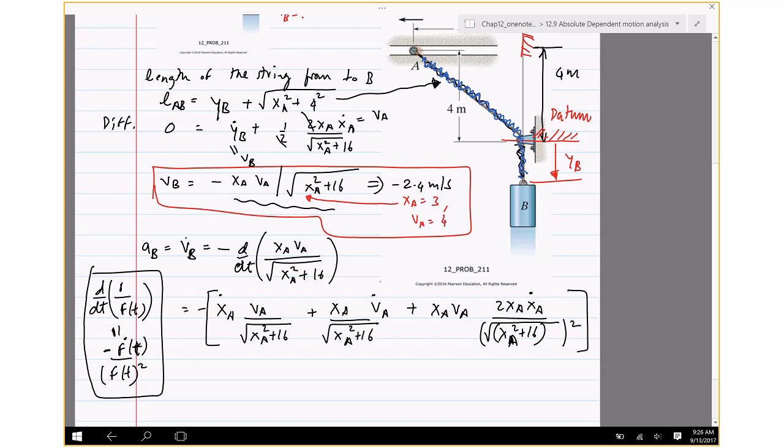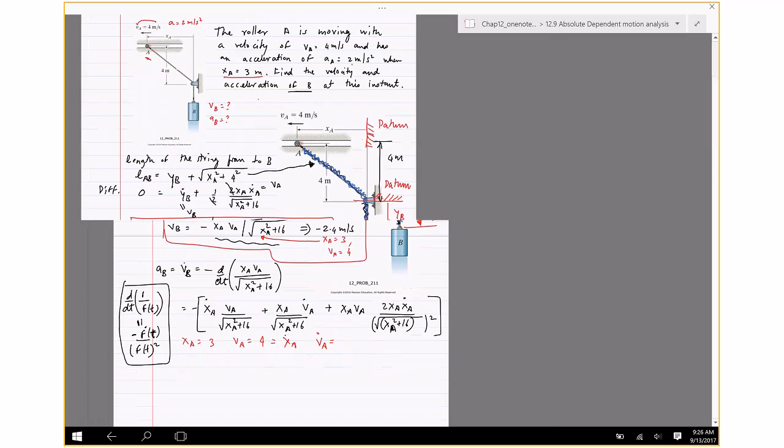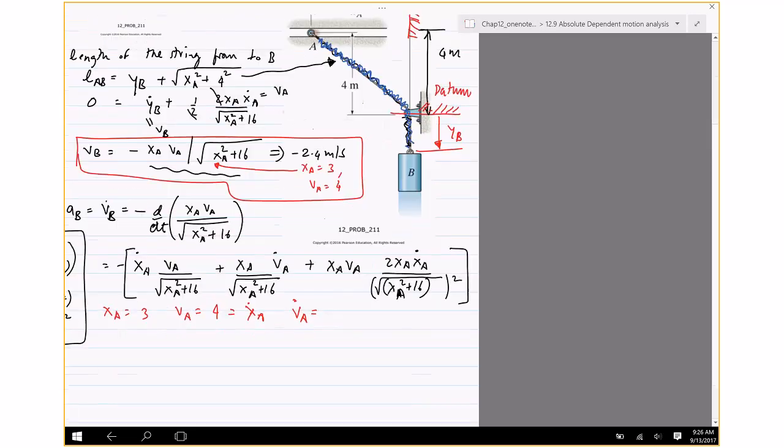So what you know is XA is 3, VA is 4, and this is also equal to XA dot, right? Velocity is XA dot. And then you also have to find the acceleration of A, which is given to be 2 meters per second squared. So that's 2.